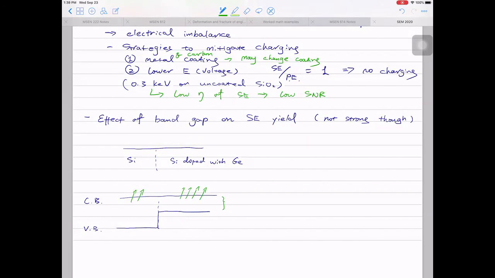So if you have a component with a smaller band gap, then that part will yield more secondary electrons. Does this make sense?